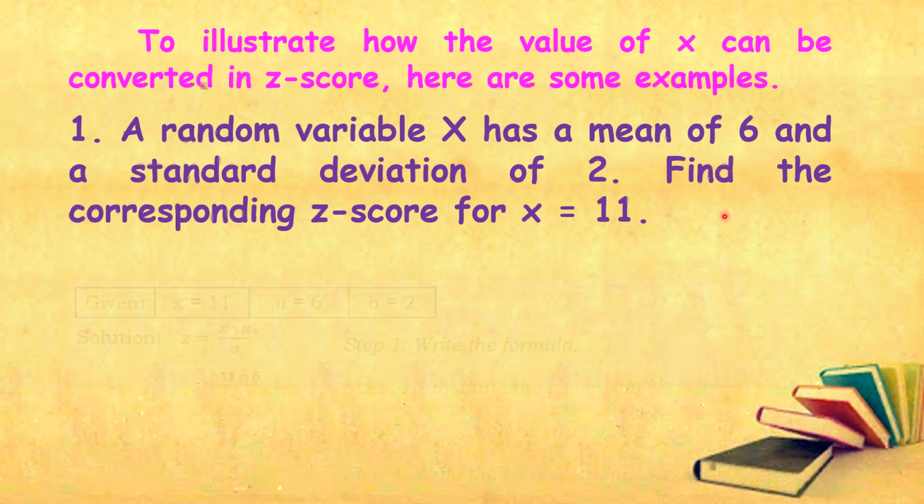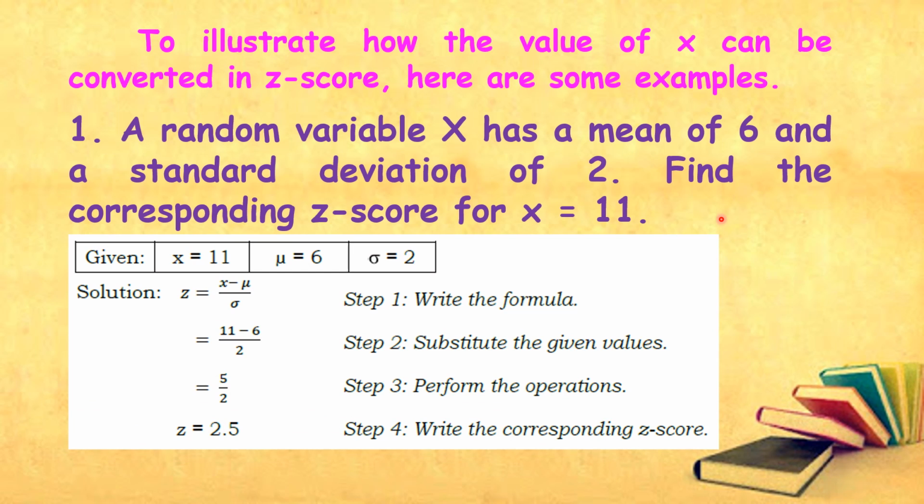Paano natin gagawin yan? Ito yung ating solution. Ano na yung given? Sa formula natin, ang kailangan nating may value ay yung x, yung mu, tsaka yung standard deviation. So, in this problem, ang x natin ay 11, ang mu or mean is 6, and the standard deviation is 2.